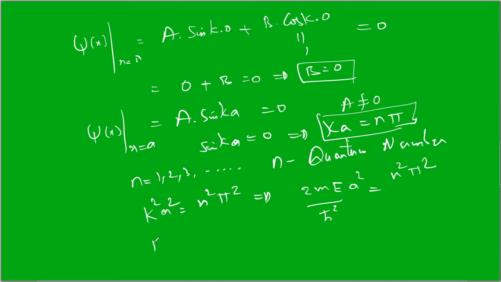From this, one can write E as n square pi square h bar square upon 2m a square. This can be written as En is equal to n square h square upon 8m a square.